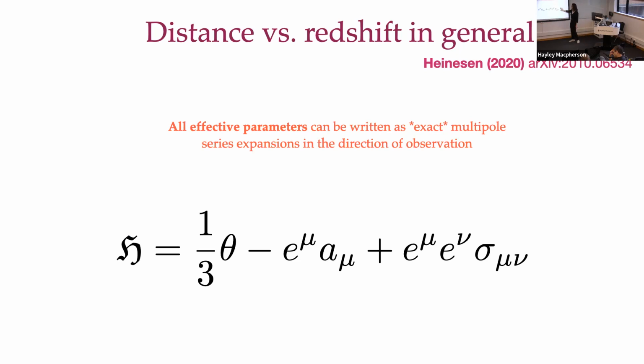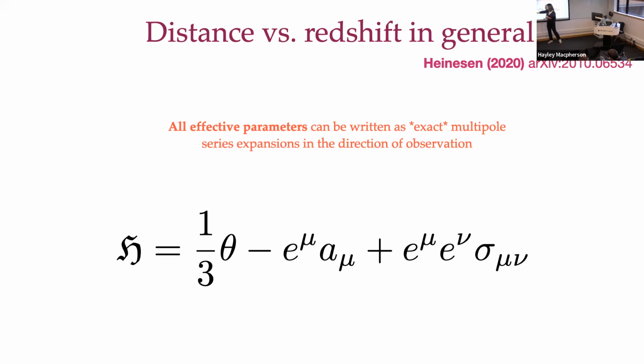And so each of these parameters, which is also in Asta's paper, can be written as a multipole expansion in this vector e^μ, which describes which direction the observer is looking. The simplest case is the effective Hubble parameter. What we end up with is a monopole term, given by this parameter theta, which is just the isotropic expansion around the observer.